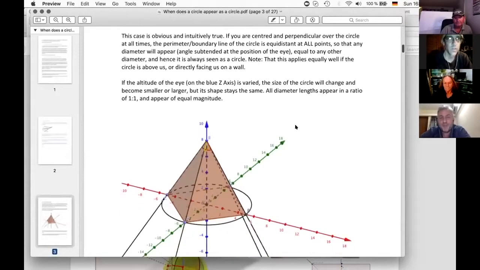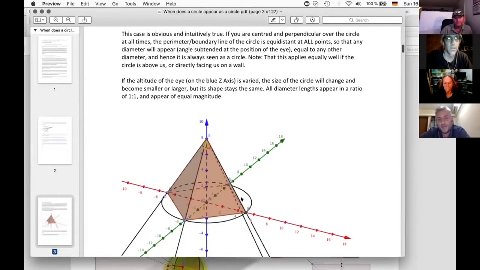Basically what he's saying is that if you've got a circle here, I'm just drawing the circle now on the ground, and I'm directly above the center of the circle, at any altitude, then when I look down at that circle, it's always going to appear to be a circle. It'll get smaller the higher I go, but it's always going to be a circle. The reason is that the angle subtended at the eye is always equidistant to any of these side points.